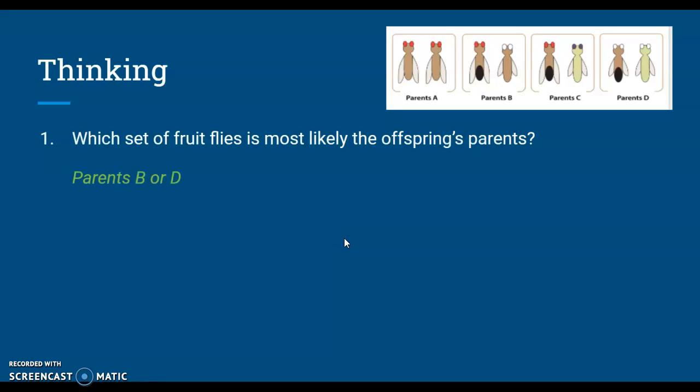And as we just put in here, which one could be their parents, B or D? We've ruled out the others. I'm not going to get into some of the finer details of the possibilities of these producing an offspring like we saw. We're just looking at the parents and the observable traits that we see within those parents.